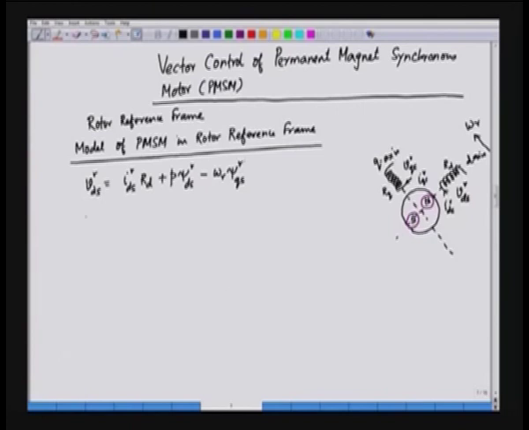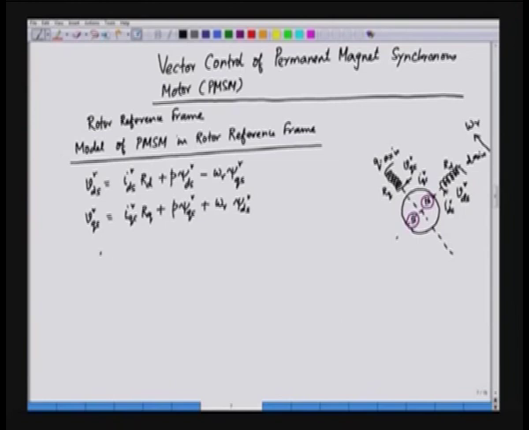And similarly, we can write down for the q axis VQS is equal to IQS RQ plus P psi qs plus omega r psi ds. Now, what is psi qs and what is psi ds?